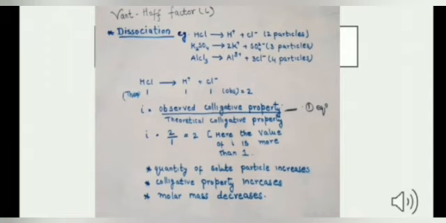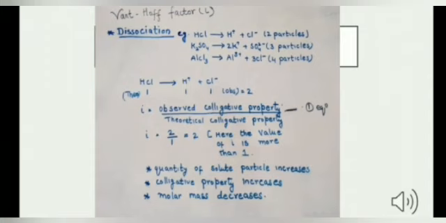Now we know that Van 't Hoff factor is the observed colligative property upon the theoretical colligative property. Let us take an example of HCl. HCl after dissociation forms H plus and Cl minus ions. So the theoretical value will be according to 1 particle, and after dissociation it forms 2 particles.